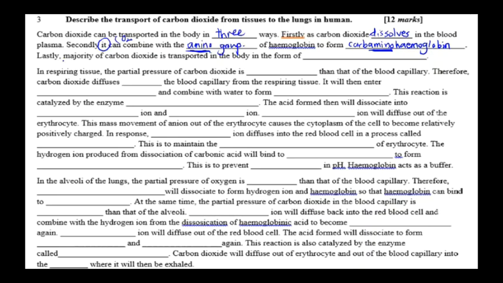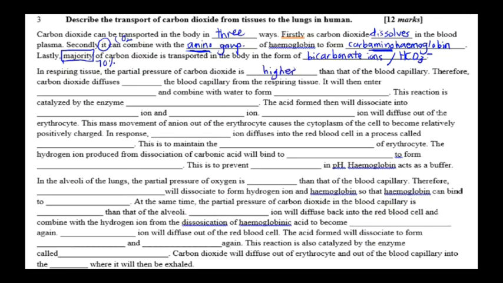Lastly, majority of the carbon dioxide, which is about 70% of the carbon dioxide, is transported in the body in the form of bicarbonate ions. If you don't want to spell it out, you can just write HCO3 minus. In respiring tissue, the partial pressure of carbon dioxide is higher.